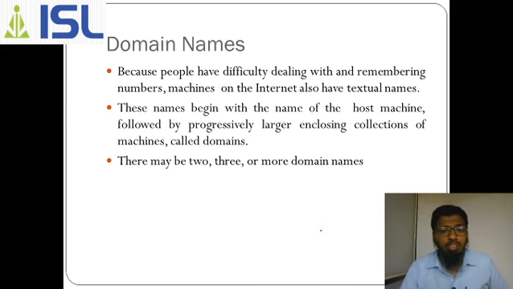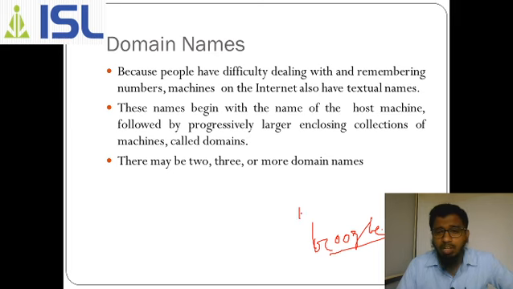Now the domain name, this is the most important part, because people have difficulty remembering numbers. Machines on the internet also have a textual name, because it is very difficult to remember the Google IP address. If you take the example of google.com, this will be easy to remember.